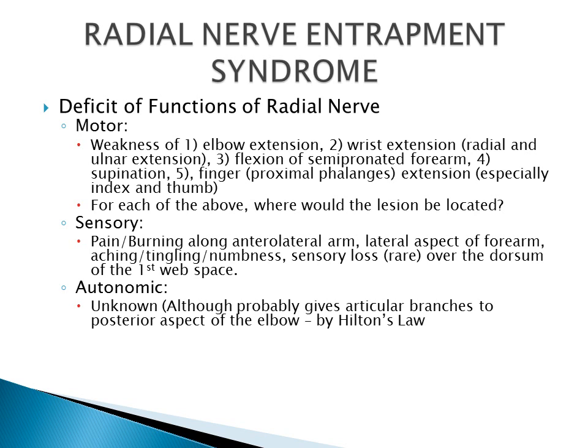So, working backwards up this list, you want to start thinking, if I found a weakness, for example, if I had weakness of index finger and thumb extension, where would the most likely location for the lesion be? Well, it would be down low in the forearm, wrist, and or hand.